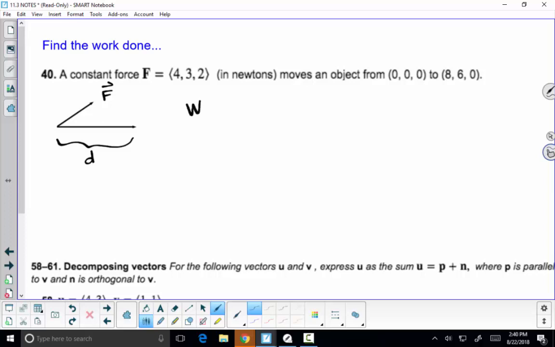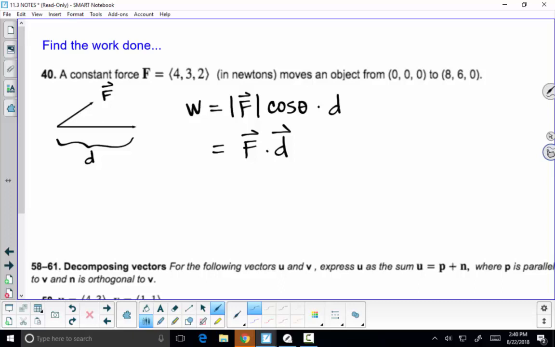We know that work is a scalar. It's going to be the length of f times cosine of theta times d. It turns out that we can actually do what we just did a minute ago. If we write the displacement of the object that's being moved as a vector, we're going to get this.